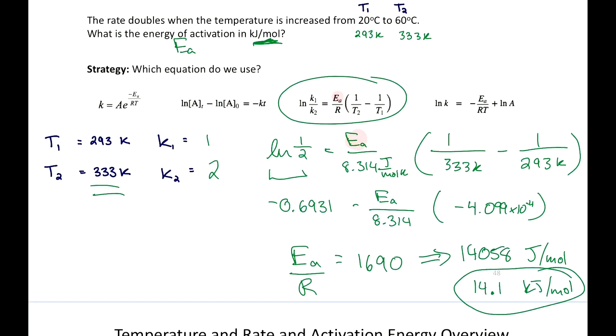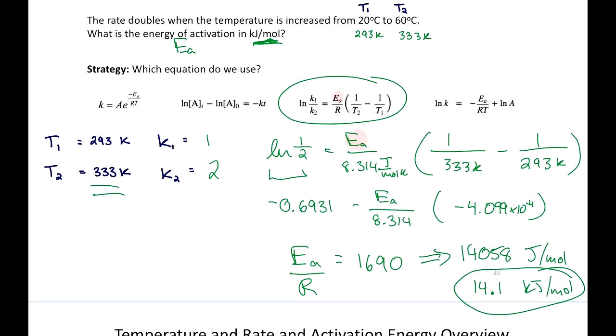Other questions here? Okay, so in this example, we calculated activation energy because we were given 2 experiments: the rate constant and the temperature for 2 experiments, although we had to imply what the rate constants were because we weren't actually given a number, but we said that it doubled.